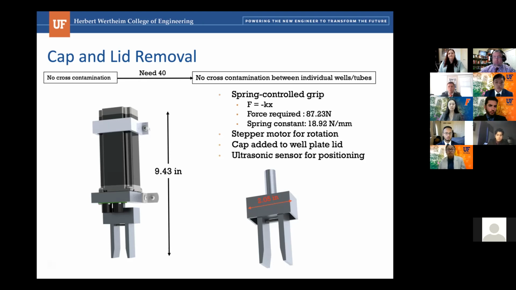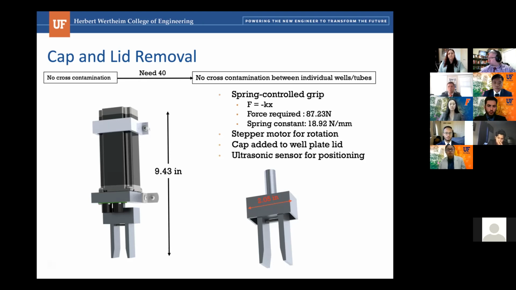And so using this force and a set displacement, the spring constant was found and used to determine the spring dimensions. And so once the gripper grips onto the caps on the tubes or the well plates, a NEMA 23 stepper motor is used to twist the caps off or simply lift it off.